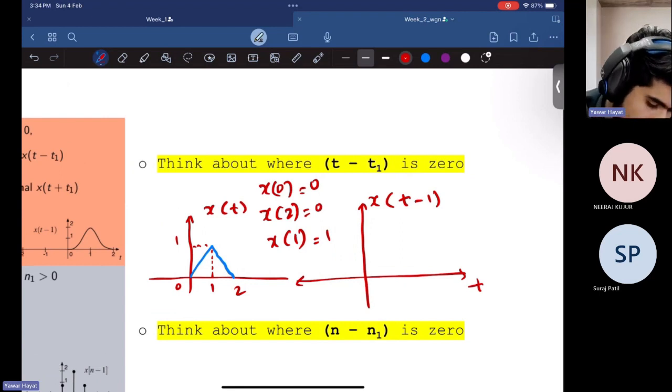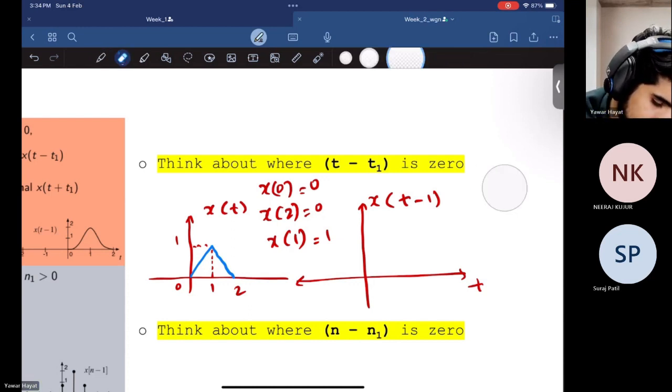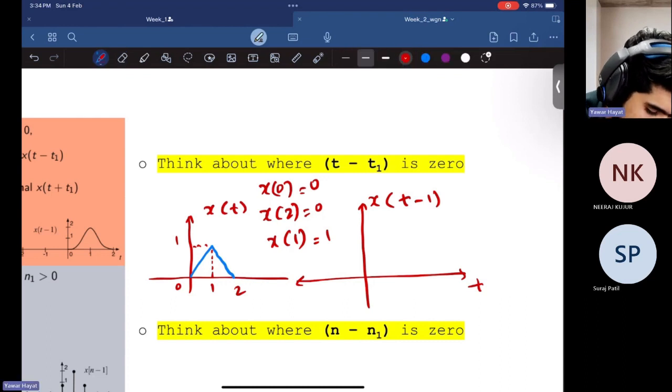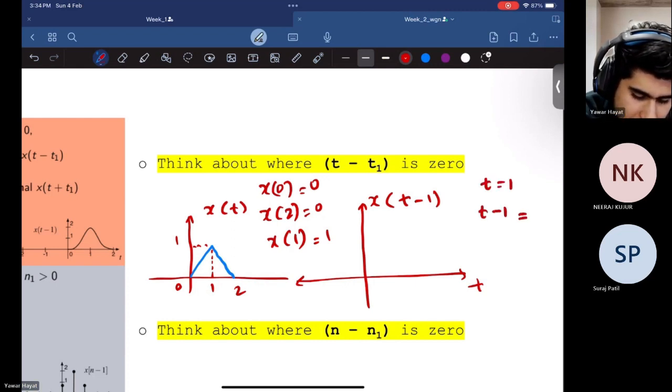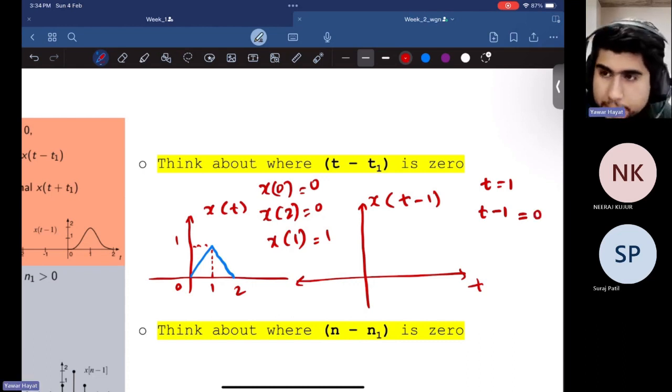Okay, so now this point would shift 1 unit to the right, because at t equal to 1, this t minus 1 is 0, right?